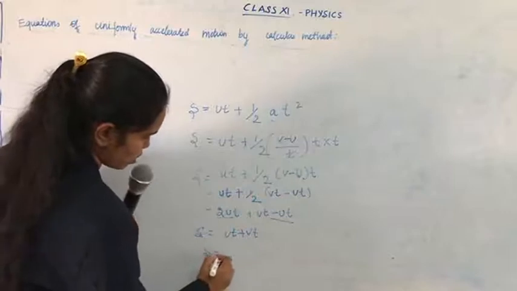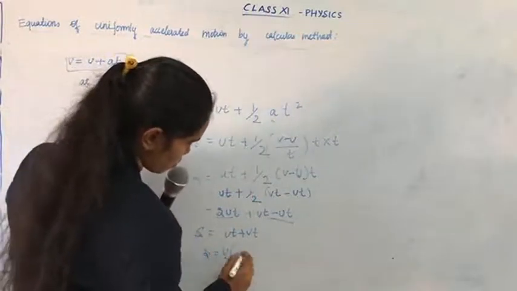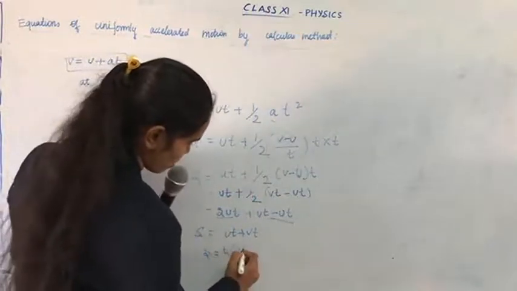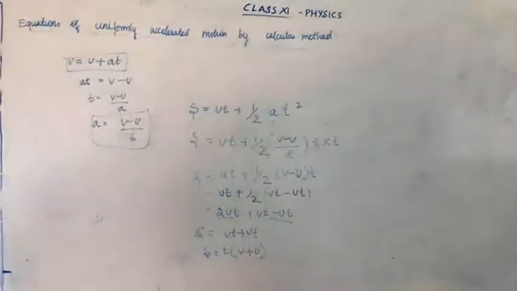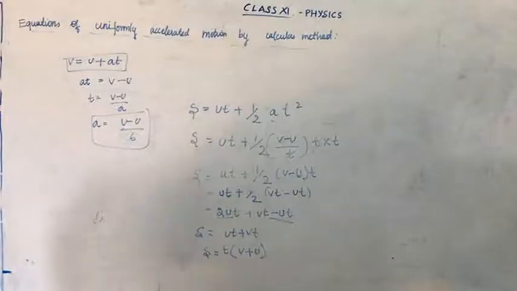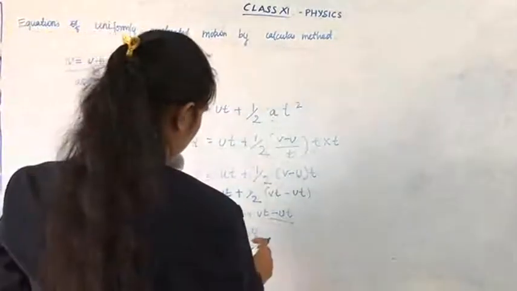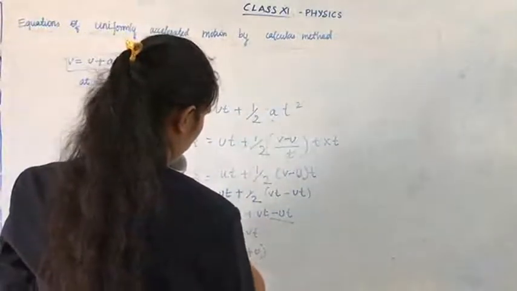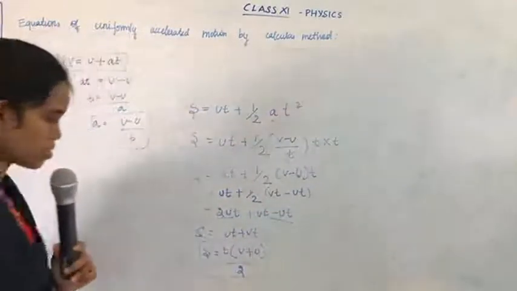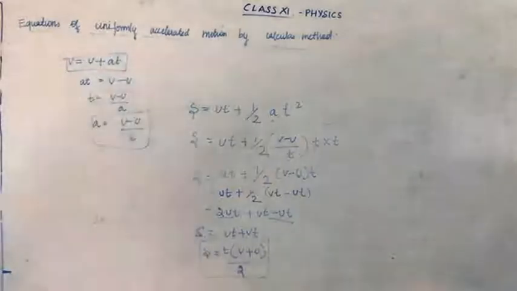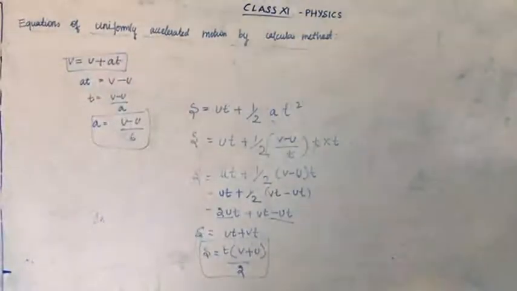So s equal to, take t as common, v plus u, and this 2 is here. Have you got it? This is the answer, children. Have you understood? These are the equations of motion.